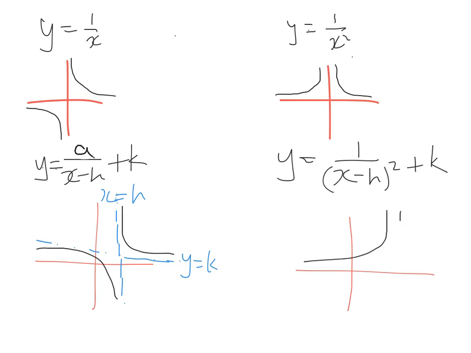It looks something like that. And we'd have our asymptotes, x equals h, and at y equals k. So that's how we go about drawing them.